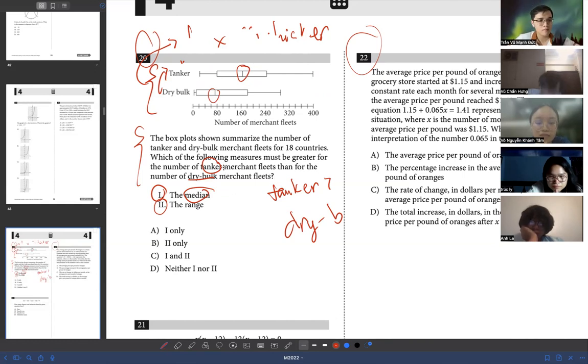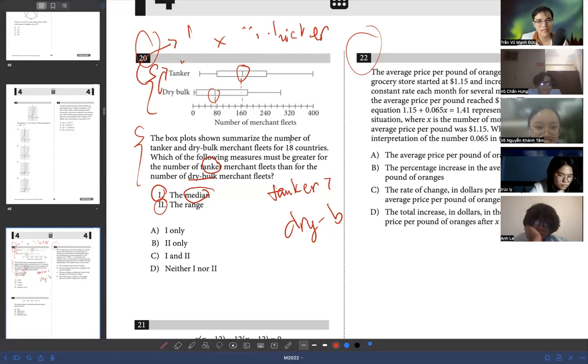What do you think? What's the median of a tanker? About 160. And this one about 80, right? So is the tanker larger? So I think it's fine for the median, so I'll change mine to A.